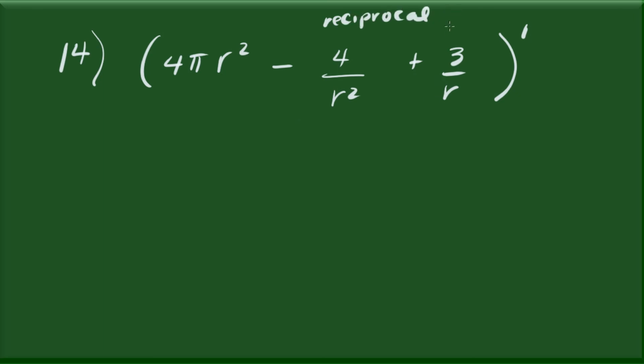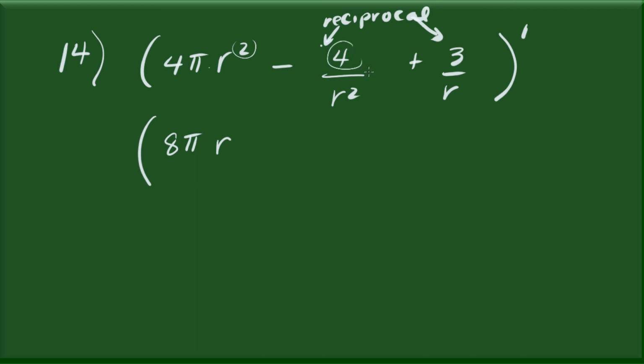This is a reciprocal too. Okay, so this is also a reciprocal. So we can use a shortcut. So this is a very simple power rule right here. Now pi is a constant, it's 3.14. So you can go ahead and multiply 2 and 4 pi into 8 pi r to the first power.